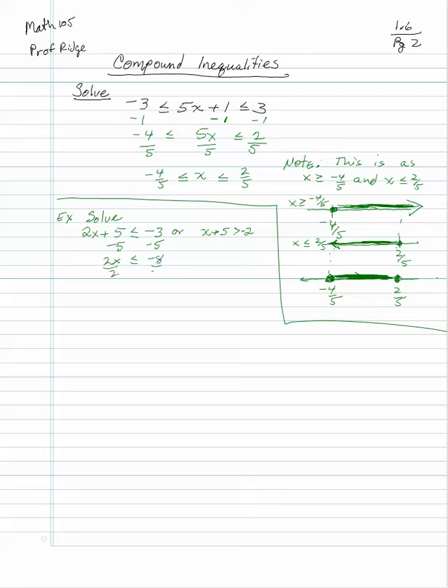Divide both sides by 2. Notice I'm just dividing by positive 2, so even though my answer is negative, I don't have to flip the inequality sign, because it's the step I did, not the outcome. I divided both sides by positive 2, so I can just leave it alone.